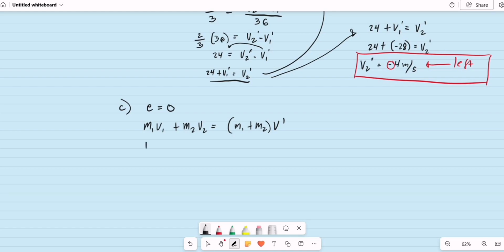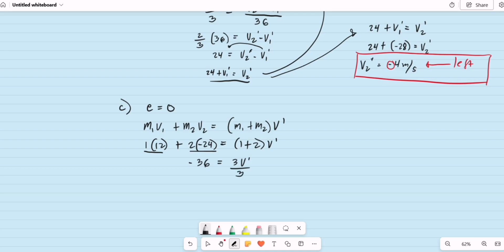Mass 1 is 1 kilogram, the velocity is 12, plus mass 2 is 2, velocity is negative 24. This is equal to 1 plus 2 times their common velocity after collision. So 12 minus 48 is negative 36, equal to 3 times the common velocity.